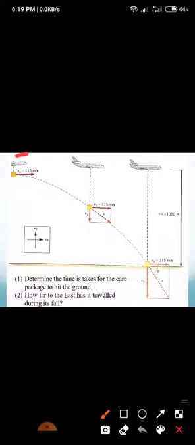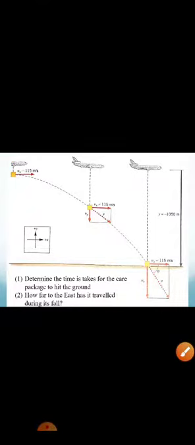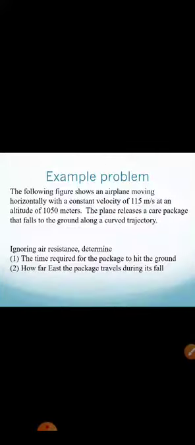The initial velocity was 150 meter per second, that is the horizontal velocity. It drops a body, and the body will go in this path.